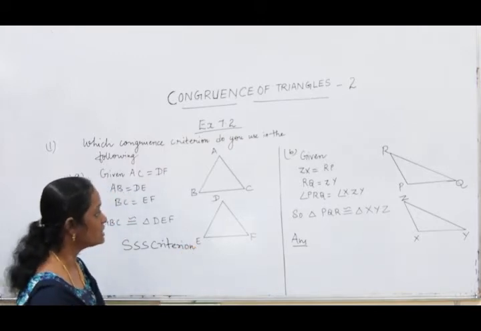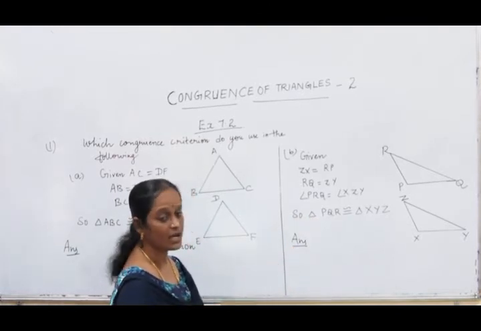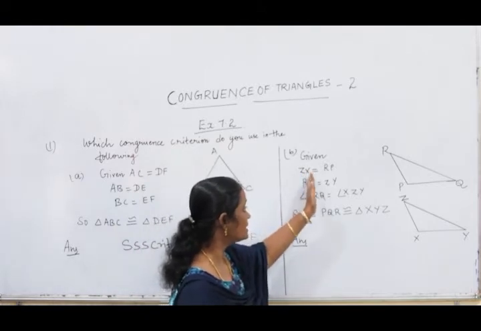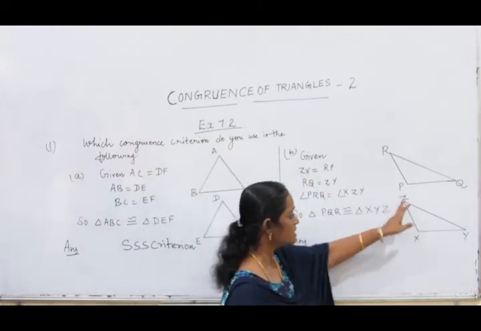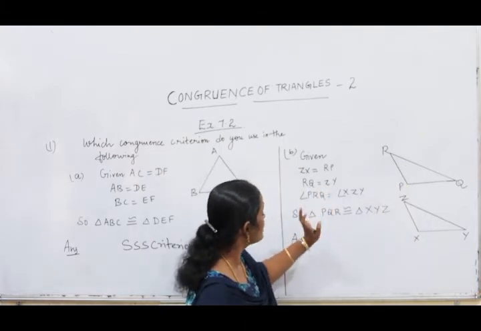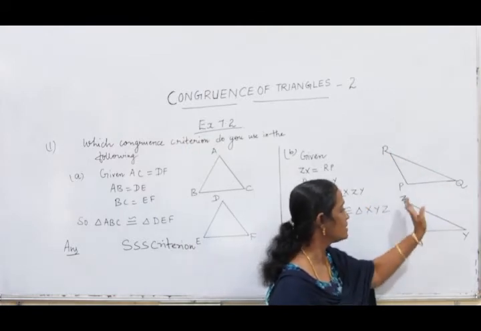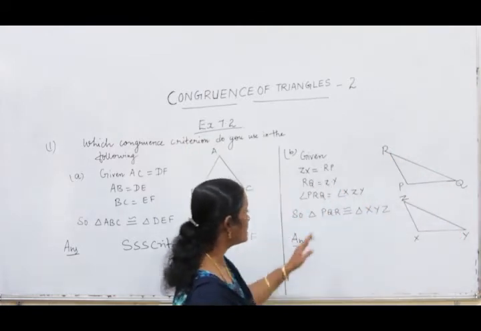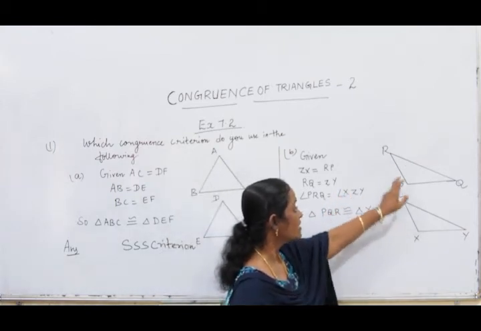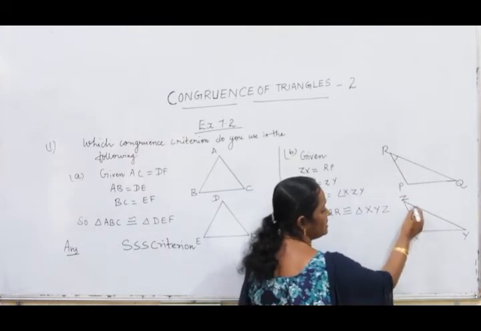So next question, here it is given two triangles PQR and XYZ. Some measurements are given here. ZX is equal to RP, this side ZX is equal to RP. And RQ is equal to ZY, and angle PRQ is equal to angle XZY. Angle PRQ, this angle, is equal to angle XZY, this angle.